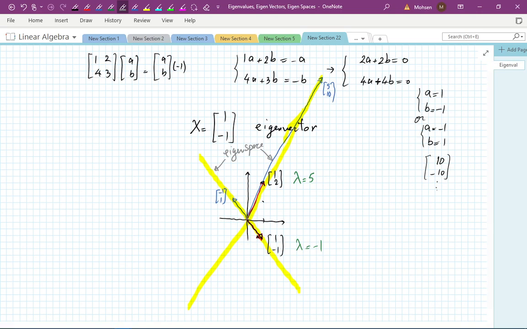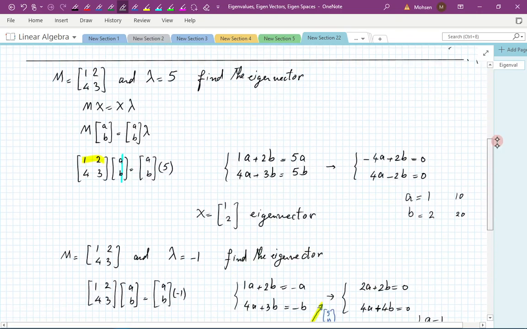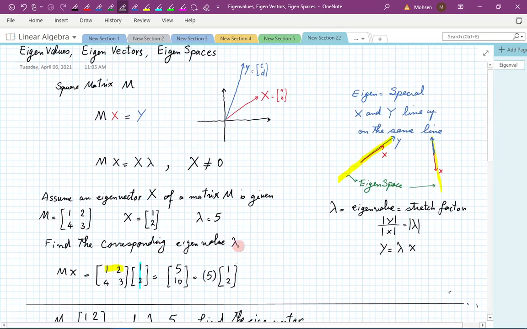Okay, so these were the simplest examples. Now we are going to remove the training wheels. In example 1 here, this is the training wheel, and mom or dad is actually still holding the bicycle. When I give you the x and ask you for the eigenvalue, that's the easiest.